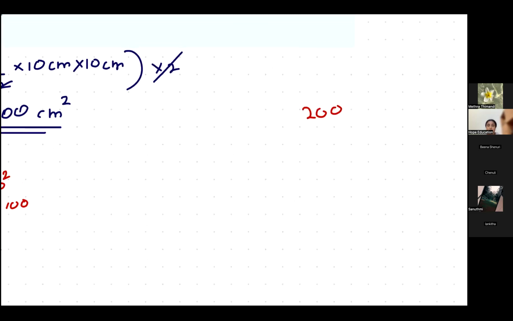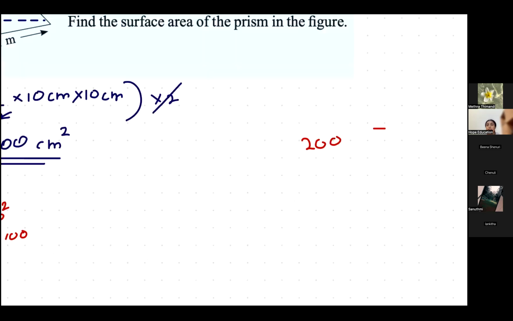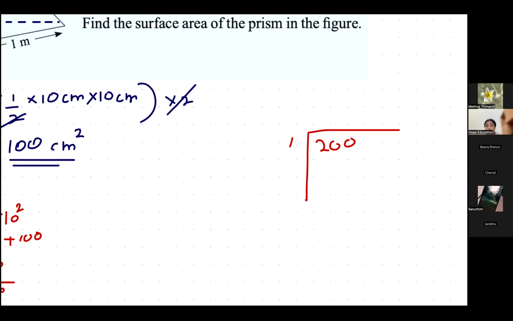We can't divide by 2, so let's see 20. 3 times 3 is 9, 4 times 4 is 16, 5 times 5 is 25. 5 times 5 is too much. Sorry, for the 2 we have 1 times 1. 1 times 1 is 1. Subtracting 1 from 2 leaves 1 remaining. Is that clear? Here we have 2. For the 2 we look at which perfect square fits. 2 has no perfect square root, but we know 1 times 1 is 1.